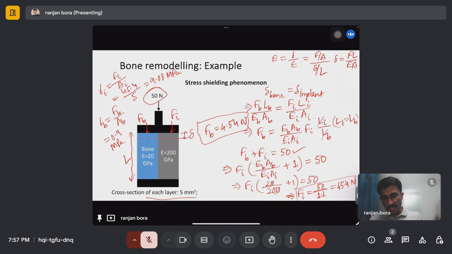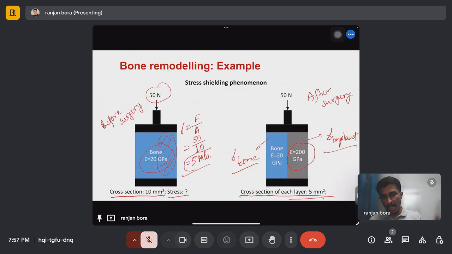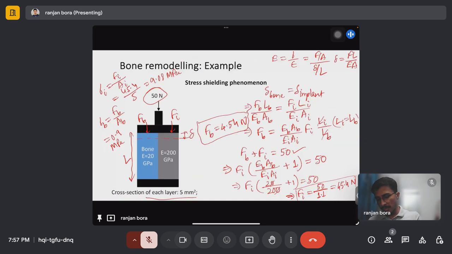So you can see the difference: previously the stress in the bone was 5 megapascal, but after inserting the implant, the stress reduces to 0.9 megapascal, and the stress in the implant is 9.08.